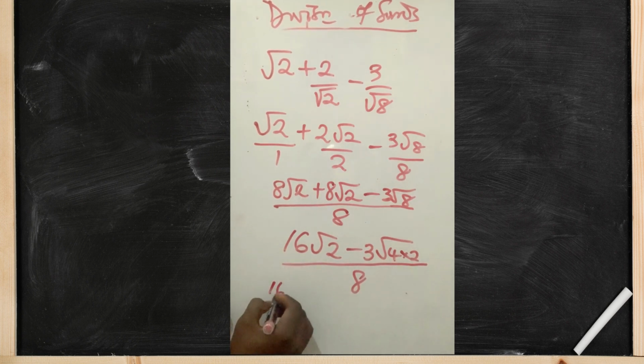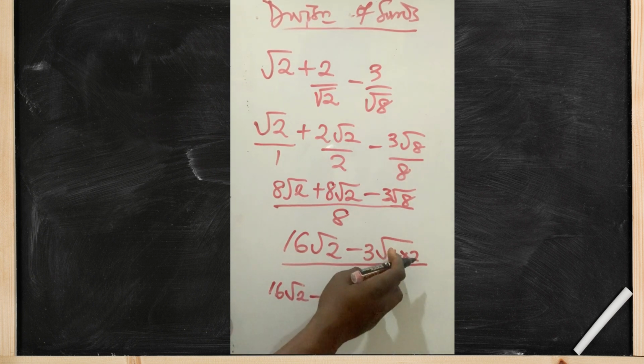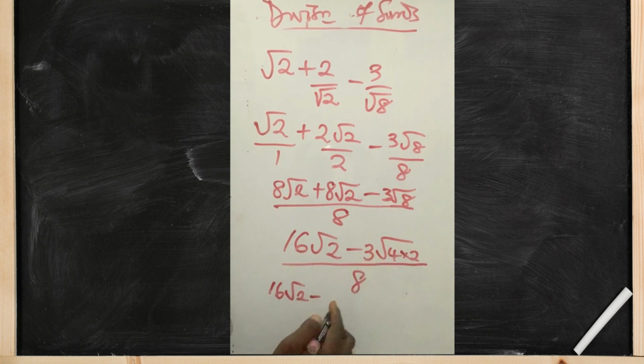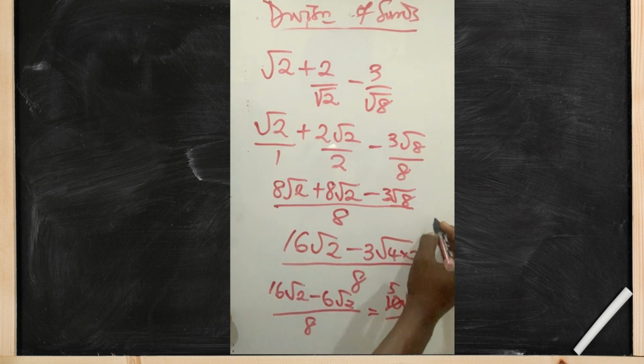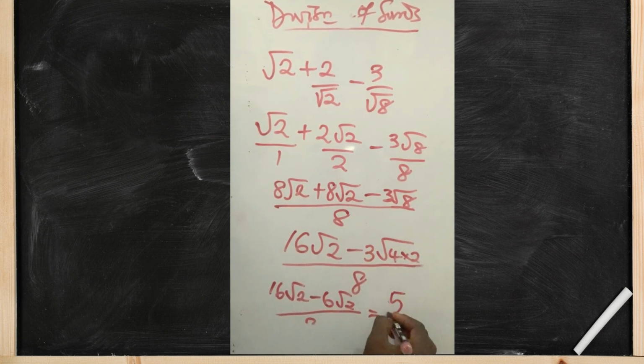And this is 16 root 2 minus, which 4 is 2, 2 times 3 is 6, 6 root 2 divided by 8. 16 root 2 minus 6 root 2 gives us 10 root 2 divided by 8. 2 can go here 4, 2 can go here 5, right? So the final answer to the question can be written as 5 root 2 divided by 4.